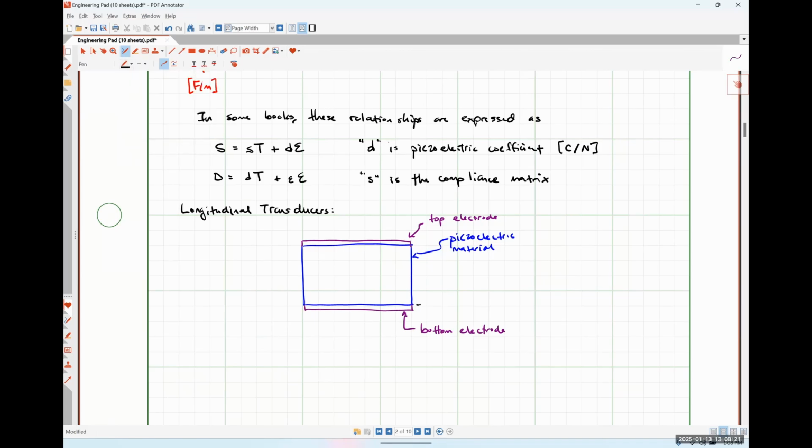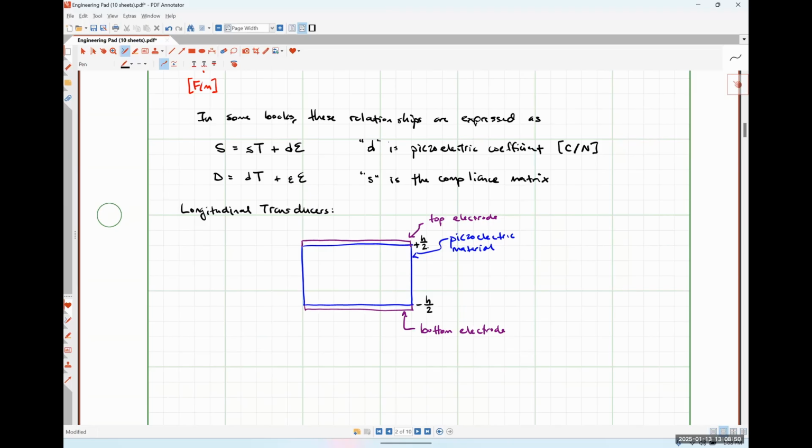And for the math that we're about to be doing, we're going to consider the bottom edge of the piezoelectric material to be at a distance of negative h/2 in a particular direction. And the top edge will be at positive h/2. So our zero in this direction is the midline of our transducer.